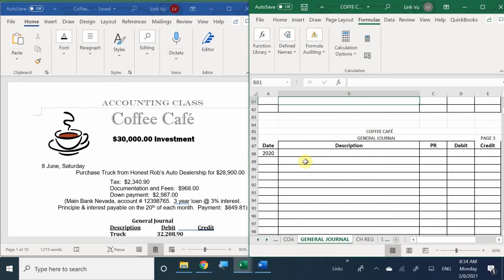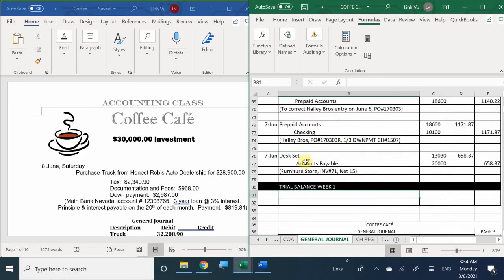I could have made a mistake in the beginning, or at the very end of the month, especially when you're dealing with lots of transactions. So that's why we practice completing a trial balance at the end of the week, so we can scout out those mistakes early on.